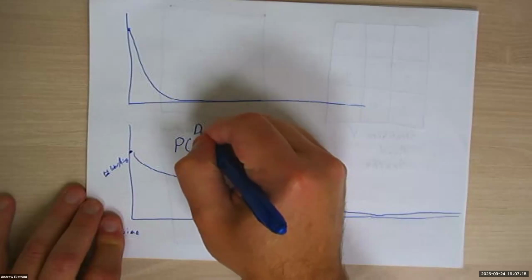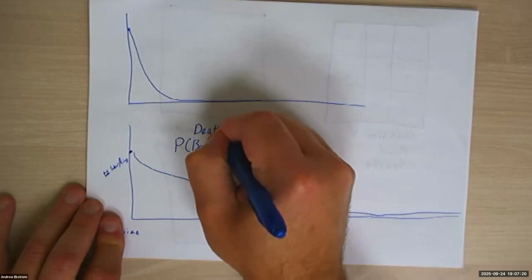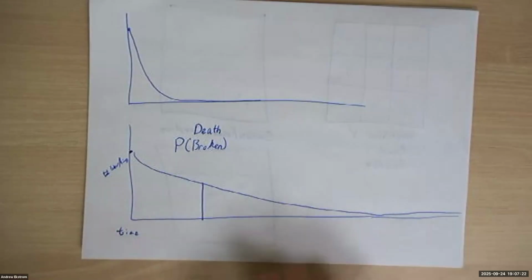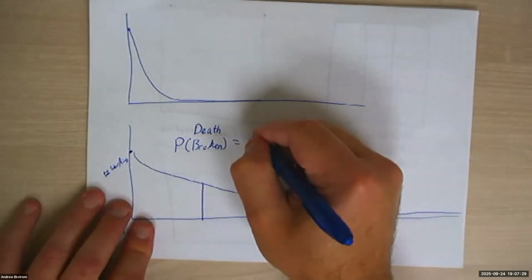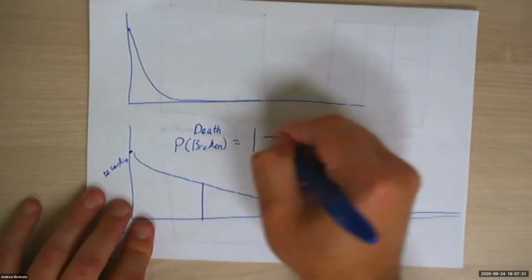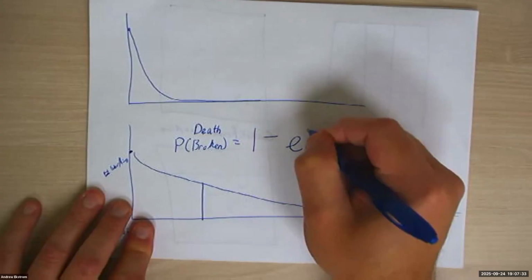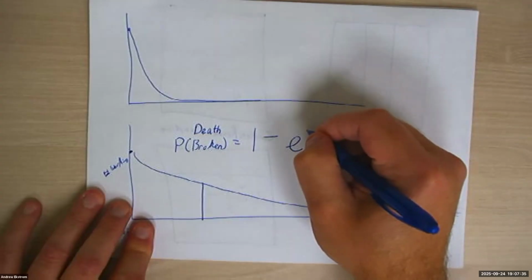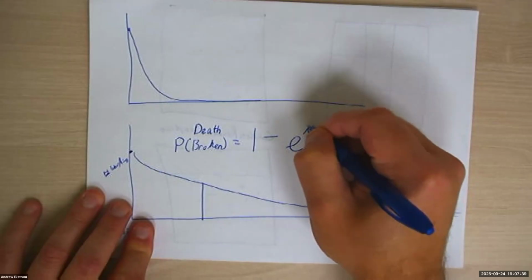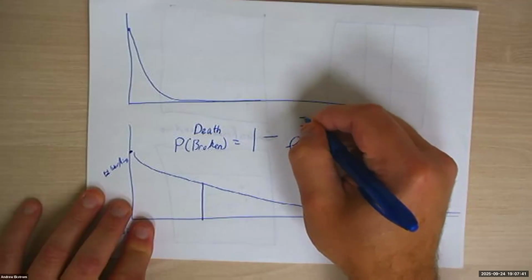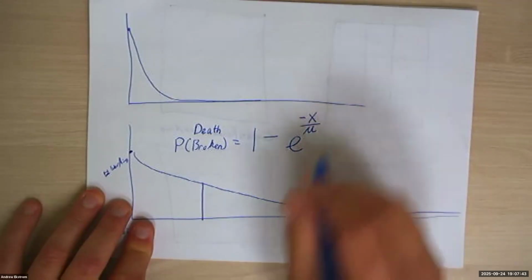Or if we are doing a toxicology test or experiment, we can think of this as the probability something is going to die. This is going to be equal to 1 minus e, and then the notation here is really weird, but it's mu divided by negative x.